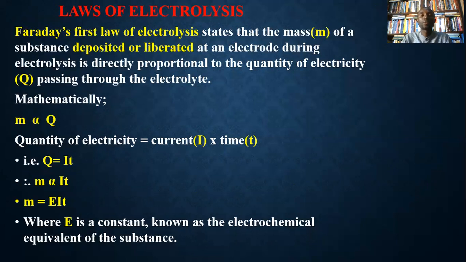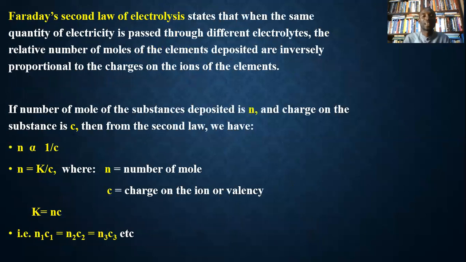Now, Faraday's second law states that when the same quantity of electricity is passed through different electrolytes, the relative number of moles of the element deposited is inversely proportional to the charge of the ions of the elements.